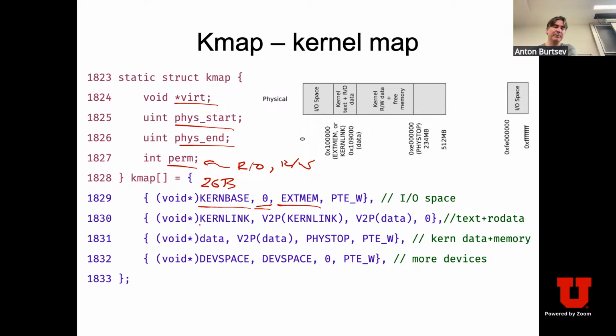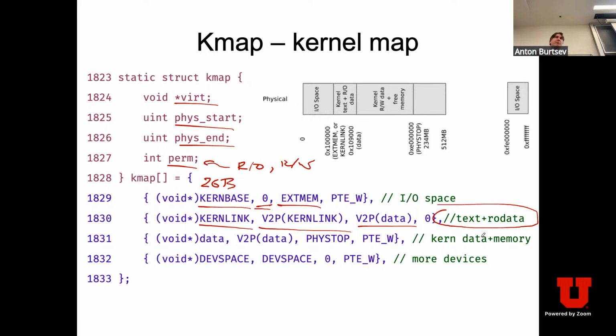Then the kernel link address, it's 2 gigabytes plus 1, and the virtual to physical conversion is essentially subtracting 2 gigabytes, up to the data section, because the data section is writable. So this region is the read-only text section of the kernel, and read-only data. And we use this linker script to make sure that the kernel is actually linked with this layout.